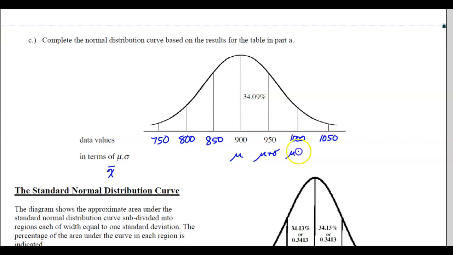This would be mu plus 2 standard deviations. And this would be mu plus 3 standard deviations. Right? Just doing what we did on the previous page. So then here, this would be mu minus 1 standard deviation, mu minus 2 of them, and then mu minus 3 of them.